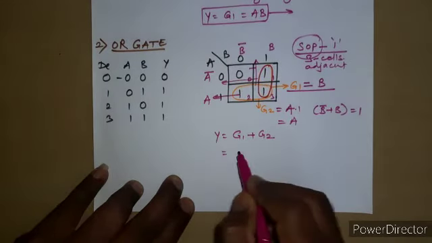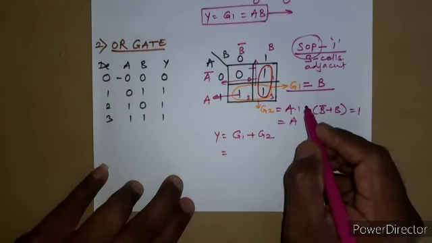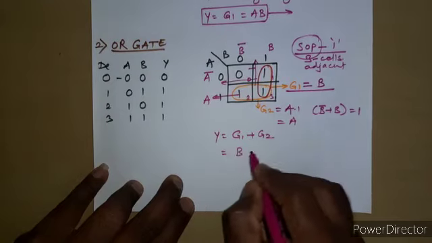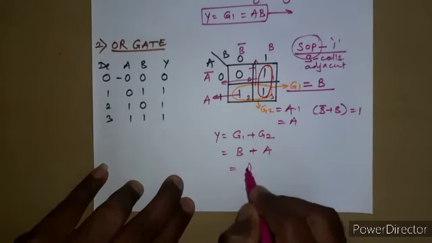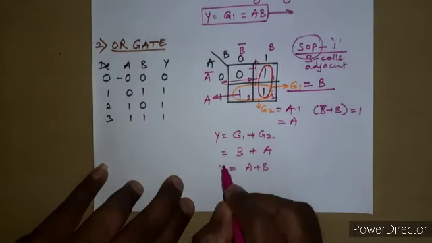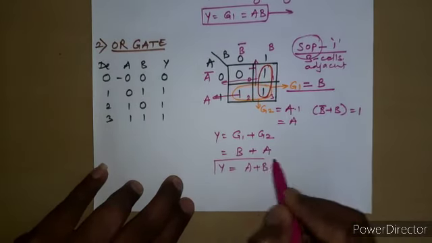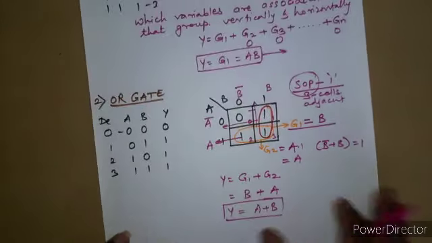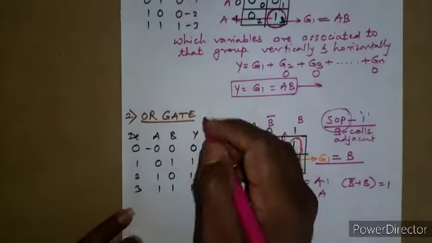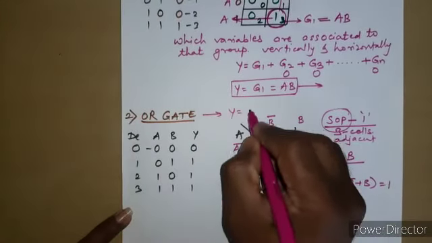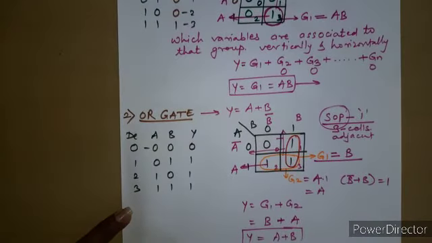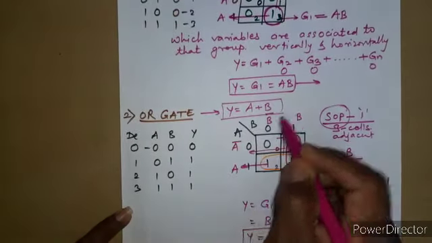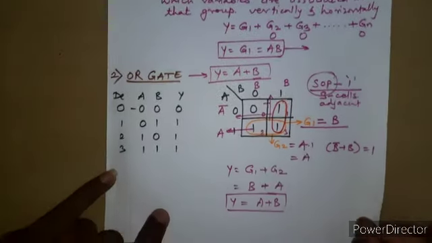Now this G1 is B, and G2 is A, right? So can I write A plus B? That is the equation we conceptually looked at for this OR gate, Y equal to A plus B. Do you remember this? That is what we have looked at conceptually.